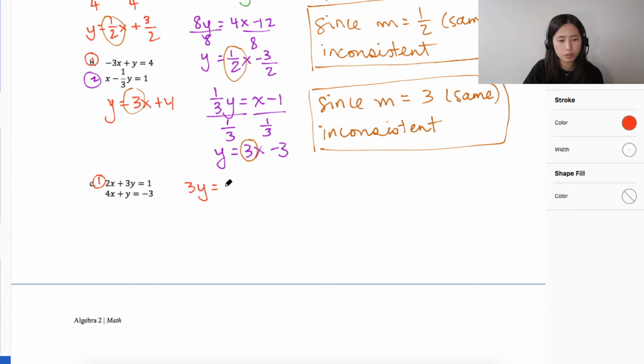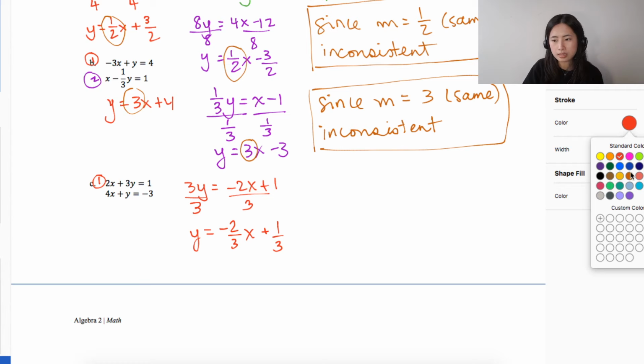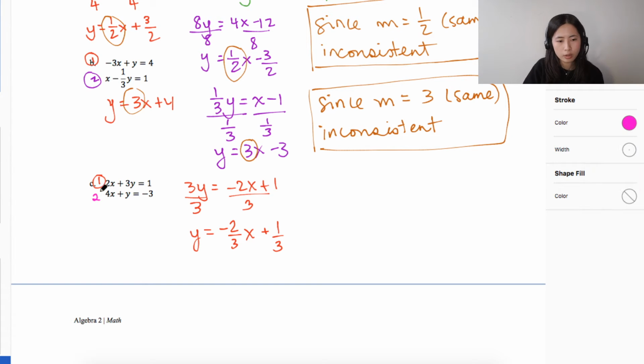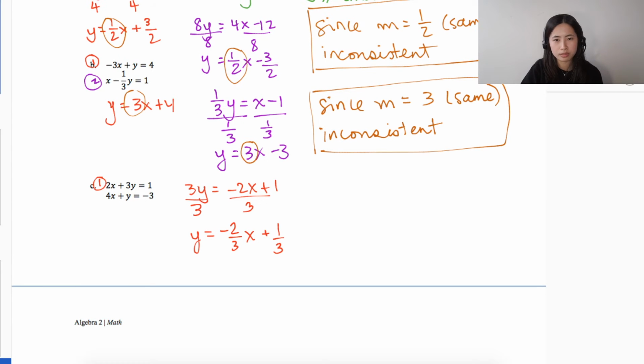So we would have 3y, which is equal to negative 2x plus 1, dividing both sides by 3. So you get y is equal to negative 2 over 3 x, plus 1/3. On the other hand, if we're looking at equation 2, actually, we use purple, so let's just keep this as purple.